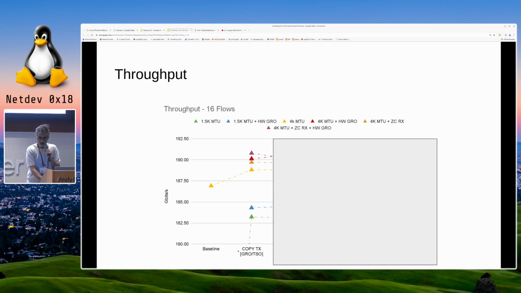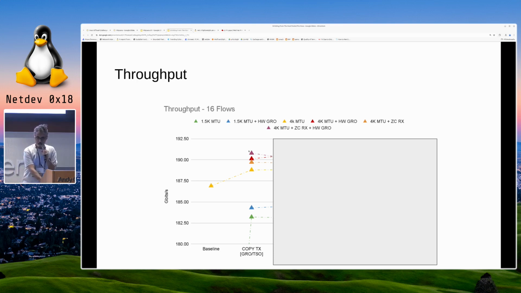Then we say, okay, let's turn on GRO and TSO. In this case, at the very top, what gives you the best numbers is 4K MTU, zero copy receive, and hardware GRO. Given this is IPv6, the headers are consuming some of that bandwidth.